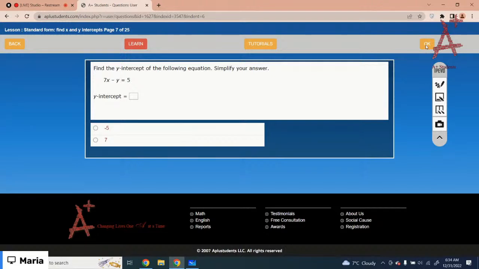Which is the correct option? The correct option is y equals negative 5. So just select the correct option and click on the OK button.